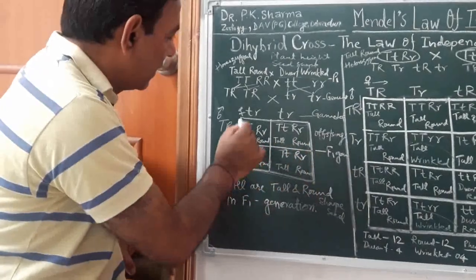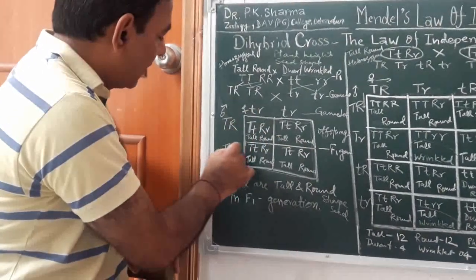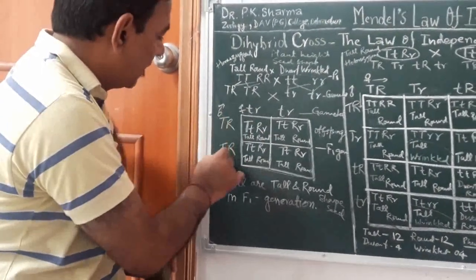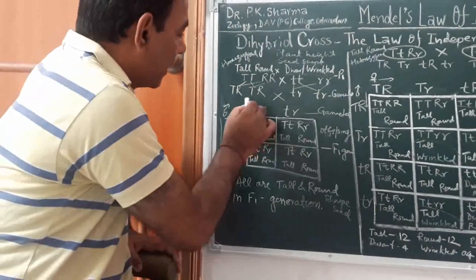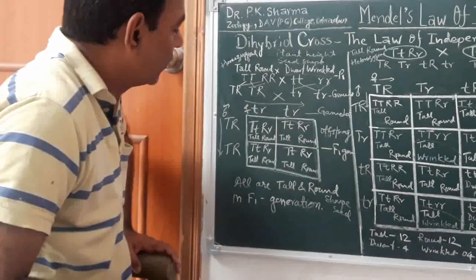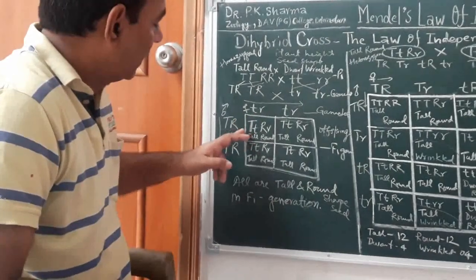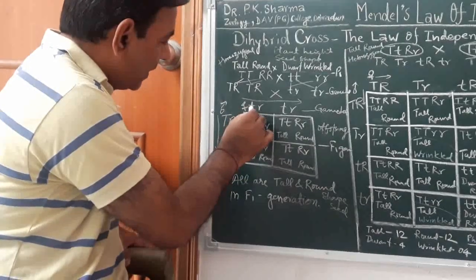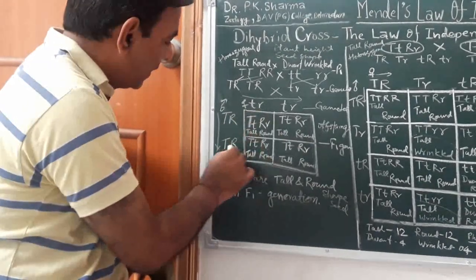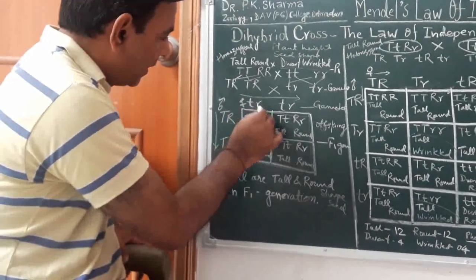The plant height will be tall and all seeds will be round in the F1 generation. The offspring of the F1 generation: capital T, capital R, capital T, capital R, we can say may act as male, and small t, small r we can choose as female. When they fuse, we get capital T small t, capital R small r.